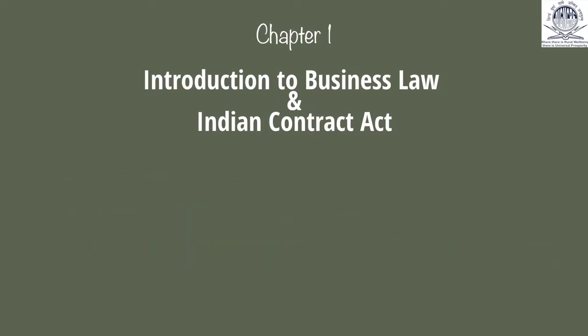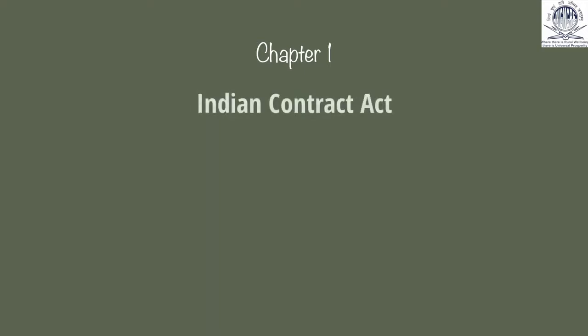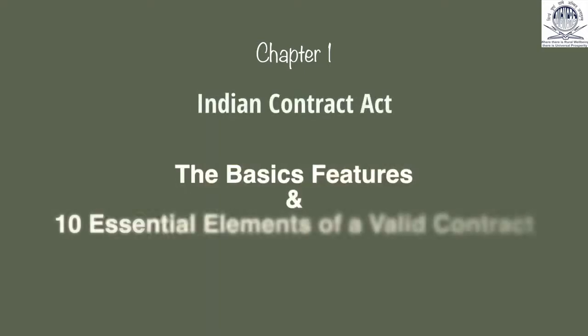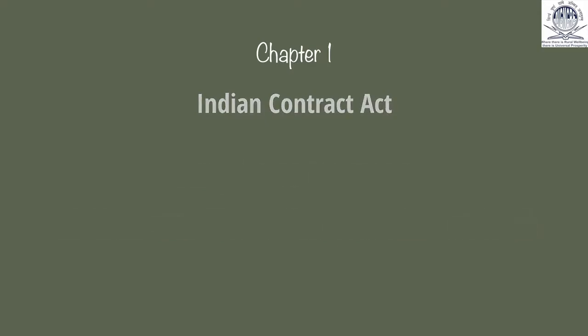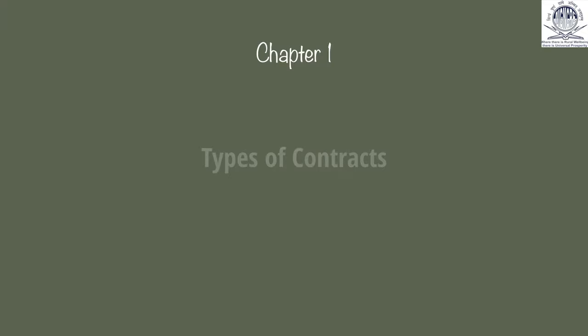This was the second module, that is, the Indian Contract Act, the basic features and 10 essential elements for a valid contract. And the third topic will be the types of contracts. That 4 broad categories are there and with its subdivisions. This I will be covering as a next module in the next video lesson.